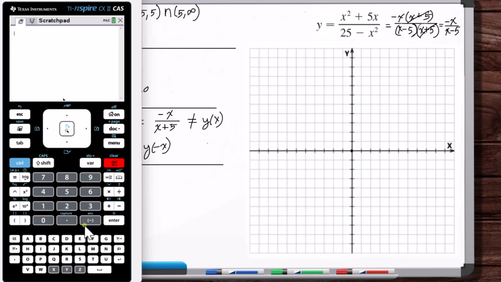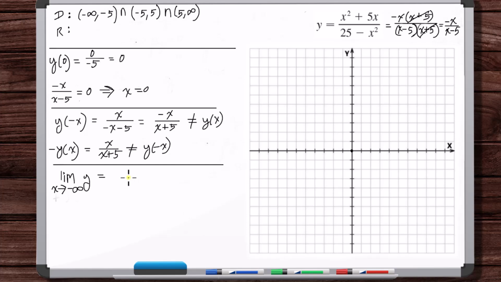All right. So now we want to take the limit as x approaches negative infinity of e.